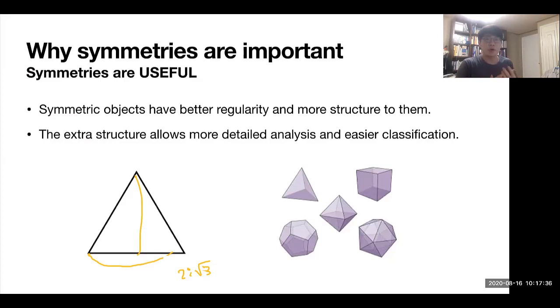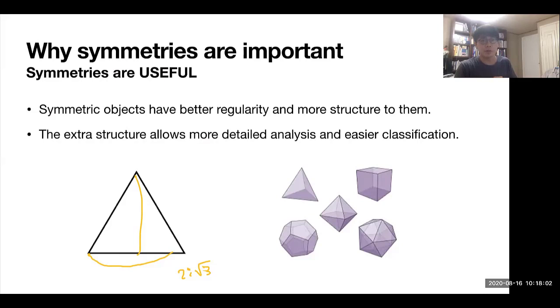You can say more about these equilateral triangles compared to generic triangles, precisely because these equilateral triangles have this extra symmetry to them. And therefore, knowing about this symmetry allows you to exploit such knowledge and say more about some particular objects that you care about.